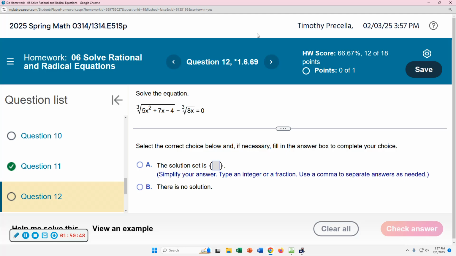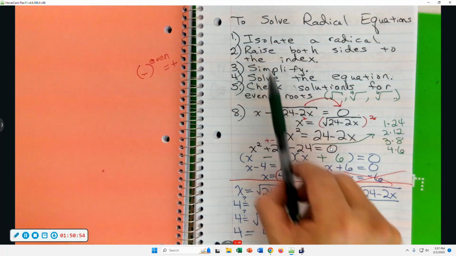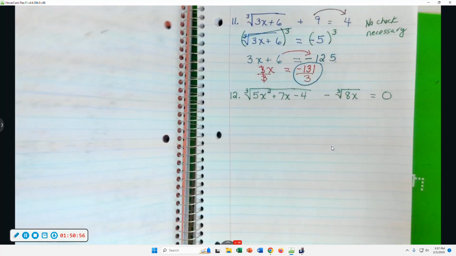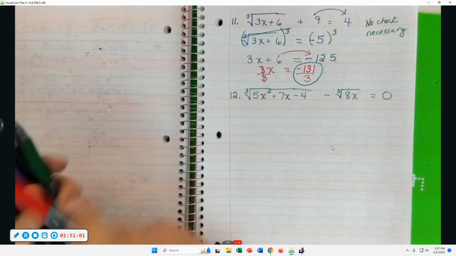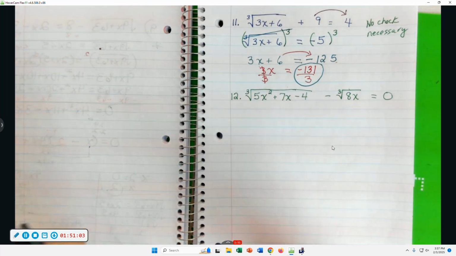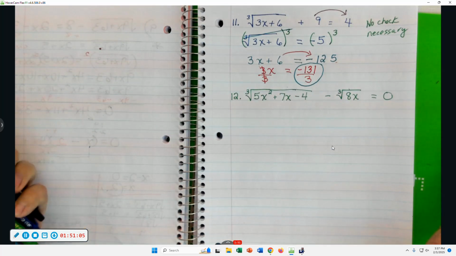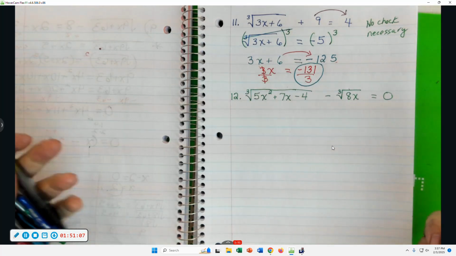Isolate a radical. Oops, y'all can't see what I'm writing. Isolate a radical. What am I going to do first on this? We have 2 radicals. We need one of them isolated. I think we're going to wind up isolating both of them.